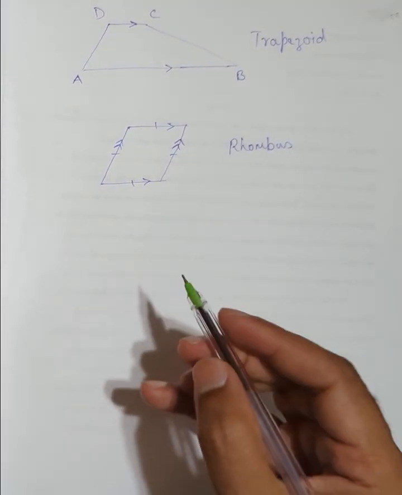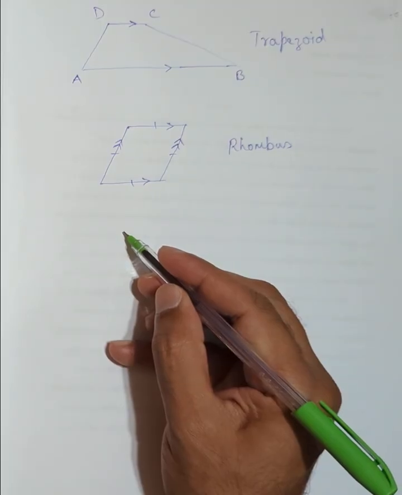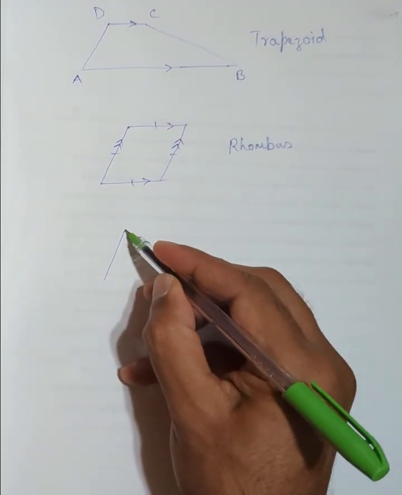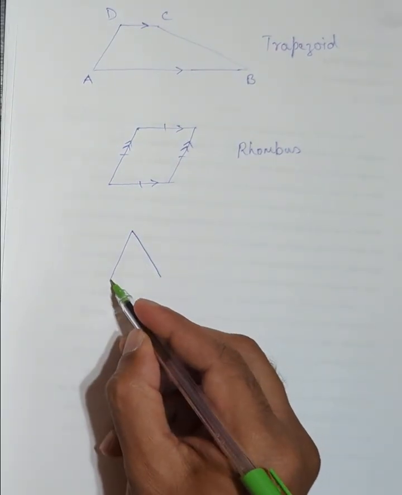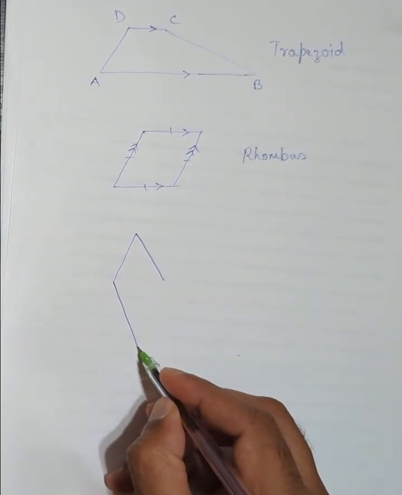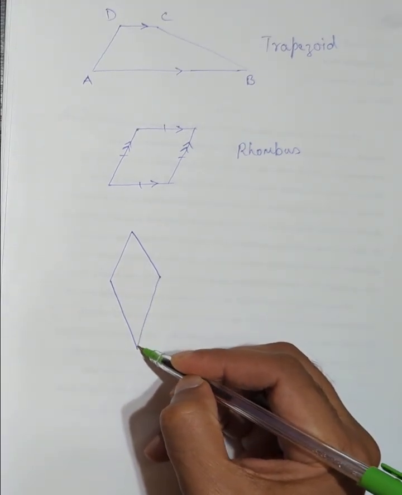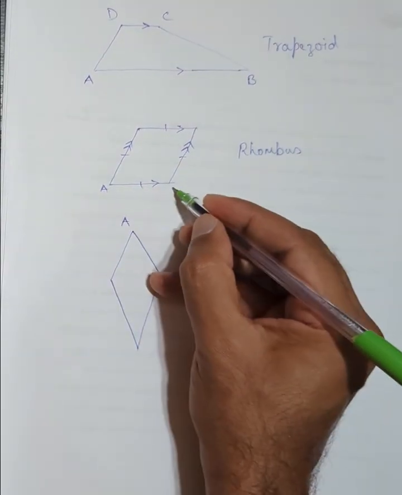Then there is one other shape that I would like to draw, where the adjacent sides, I want to keep them equal. So say this is A, we didn't label them here.